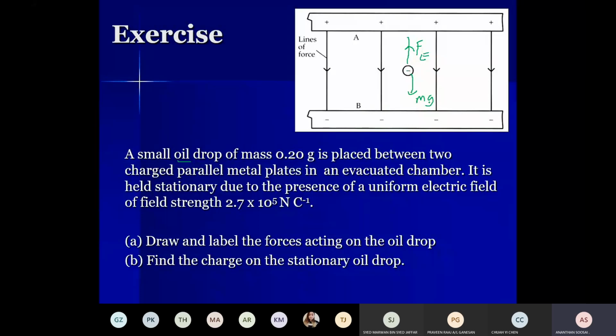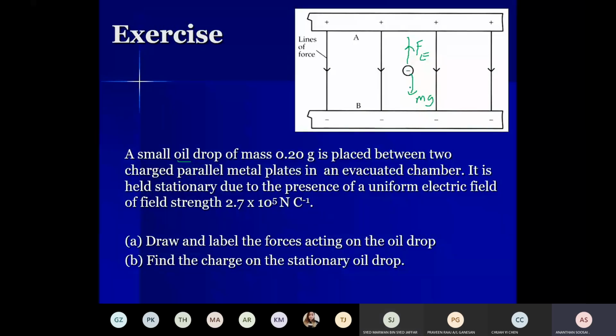The weight is considered because the field is quite small, so the electric force is comparable to the weight.